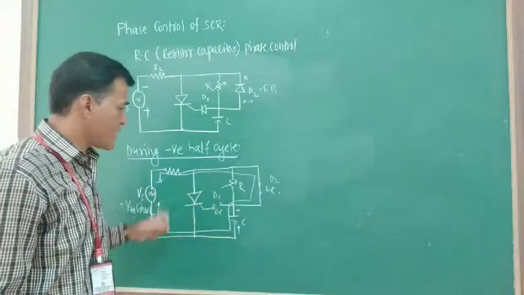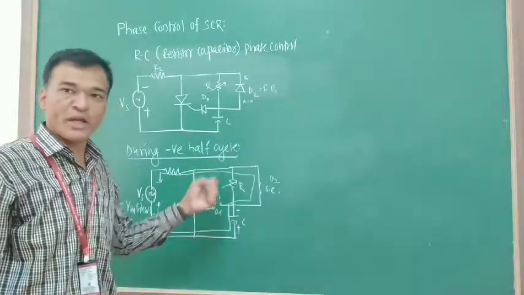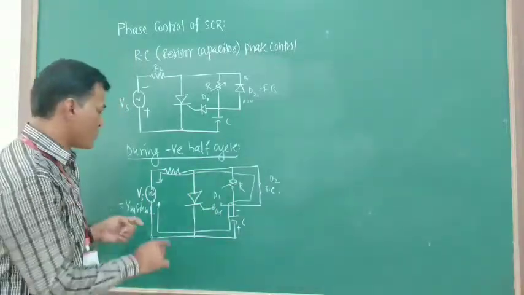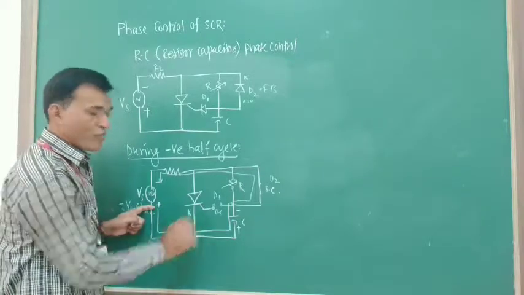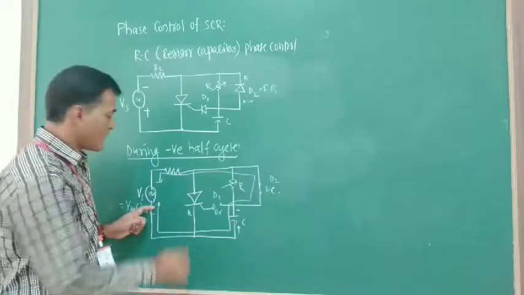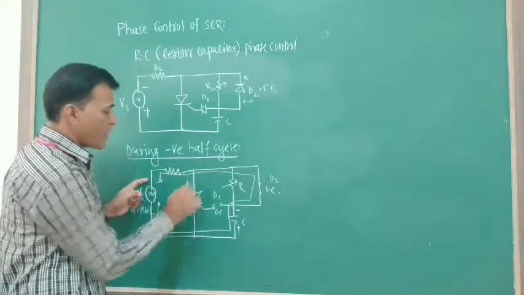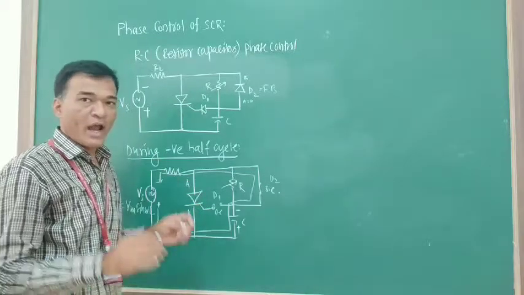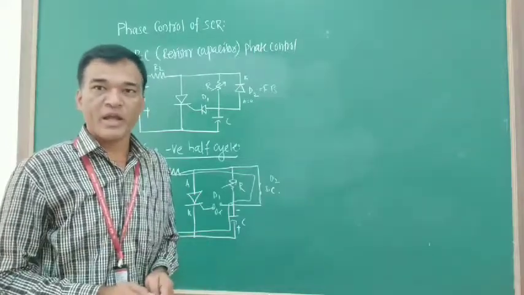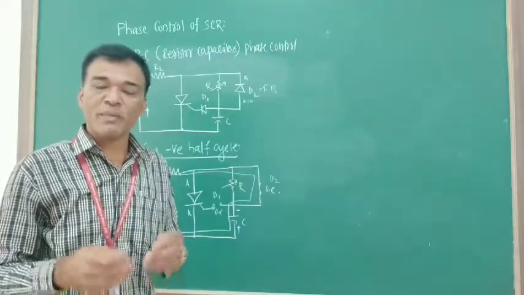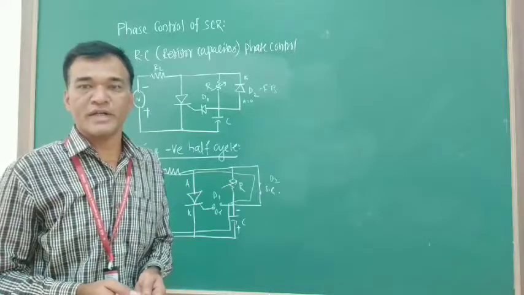This is the condition of the circuit during the negative half cycle. Also, if you observe, positive is connected to the cathode of the SCR and negative is connected to the anode of the SCR, and the SCR is in the reverse blocking state. It is not a favorable condition to turn on the SCR.